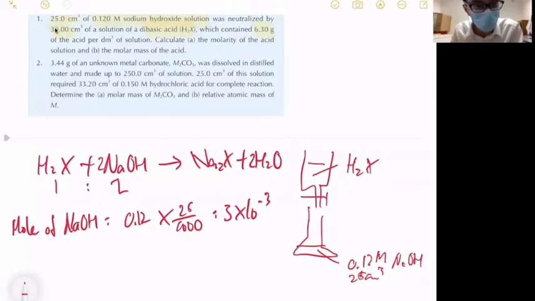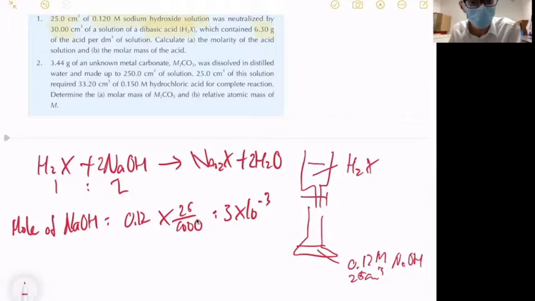It means that from the acid used, we have used up 30 cm³ of the acid, right? So it means that in 30 cm³, we also have 3 times 10 to the power of negative 3 moles of acid. Sorry, not 3 times 10 to the power of negative 3 mole, because it's a 1 to 2 ratio. In 30 cm³, how many moles of acid are inside here?